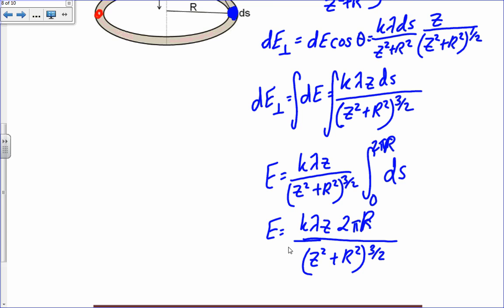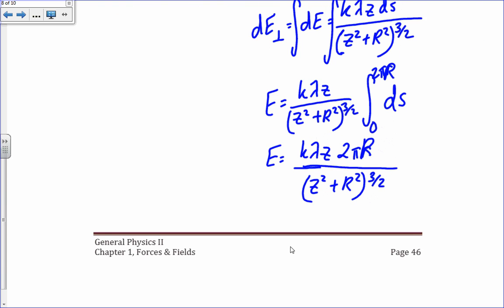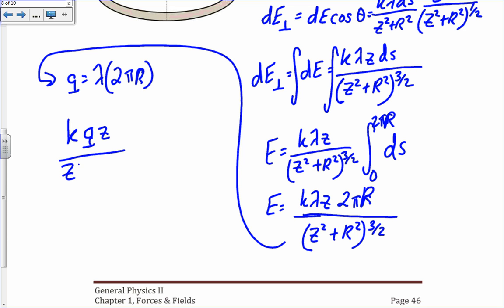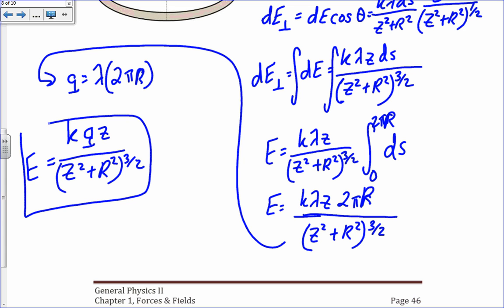Then let's come back up and I'll do this over here. Q is equal to lambda times the circumference of the circle, based on just the definition of lambda. And so I can simplify this a little bit more. I get kqz over z squared plus R squared to the 3 halves, and that's the magnitude of the electric field.